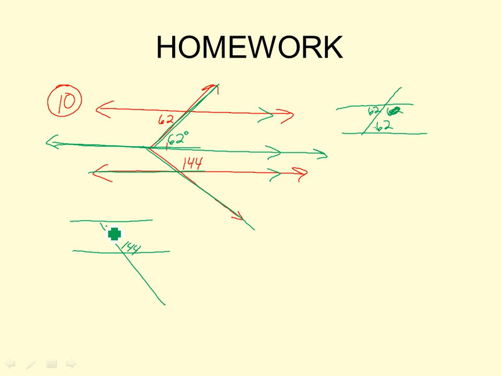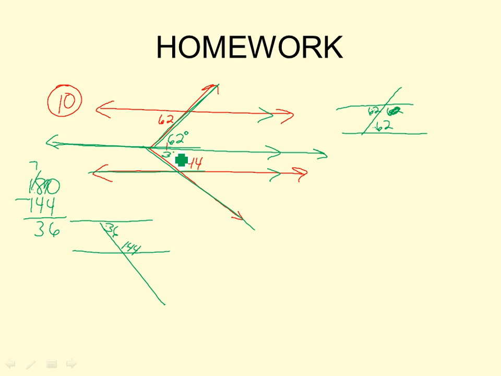This angle and this angle are consecutive interior angles, so they have to add up to 180. So we just take 180 minus 144. Borrow there, get 6, 3, 1 minus 1, 0. So that angle is 36.